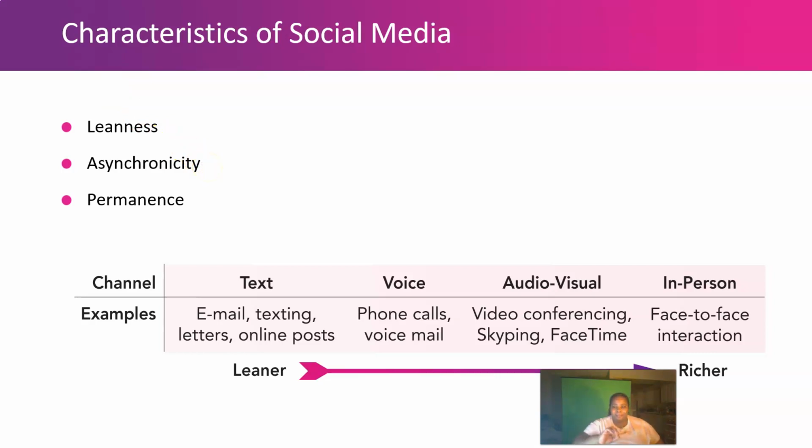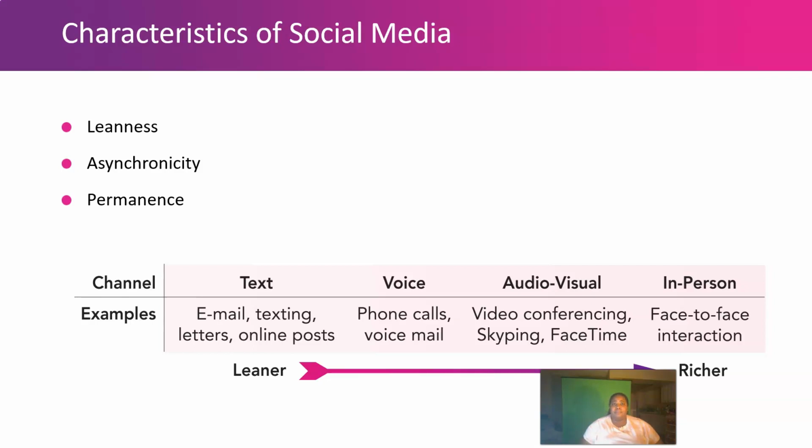Here's that word again, asynchronicity. Asynchronicity is not communicating at the same time. So with social media, we can communicate with each other at different times. But we can also communicate at the same time with lives and FaceTime and things like that. However, there is a permanence to social media.